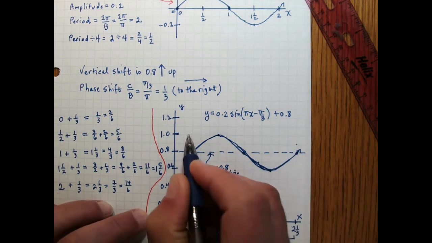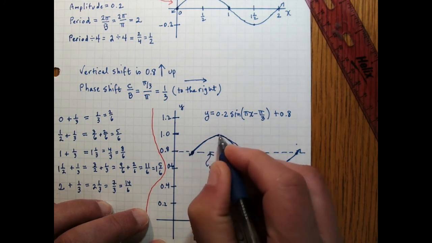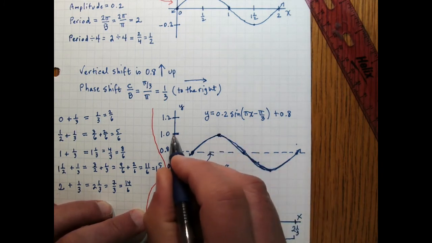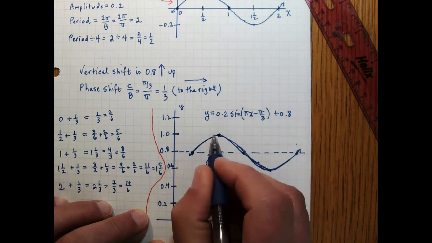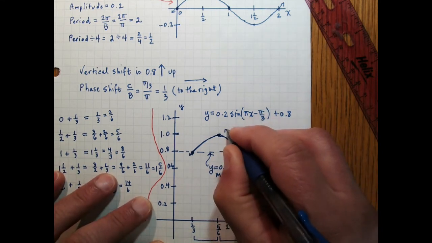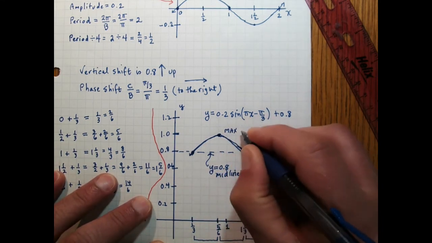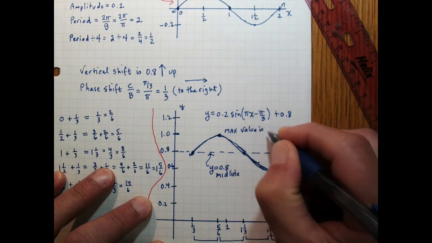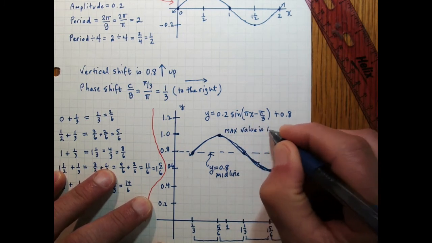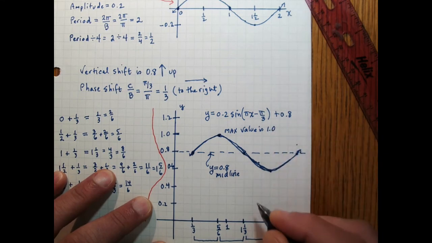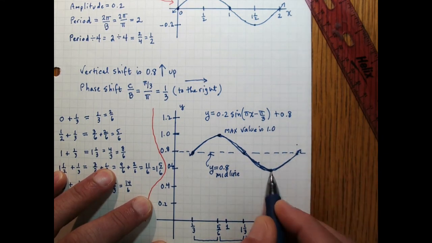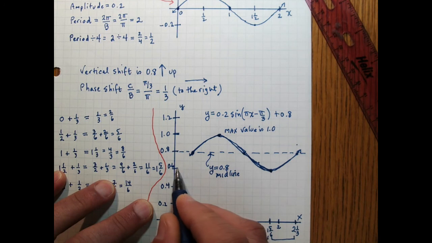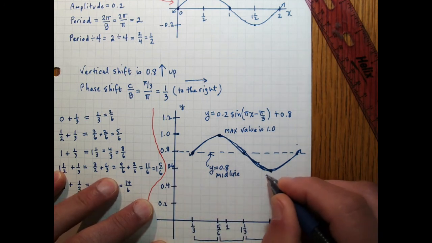And the largest y value that we hit, at this point here, our y value is 1.0. We say the maximum value, or max value, of this function is 1.0. And notice the lowest point here has y coordinate 0.6.